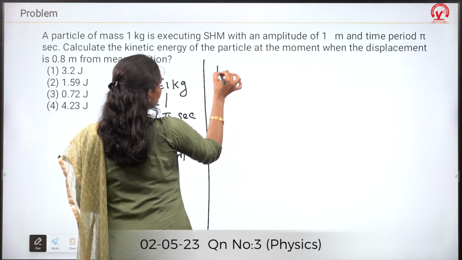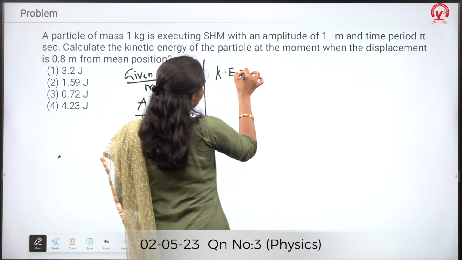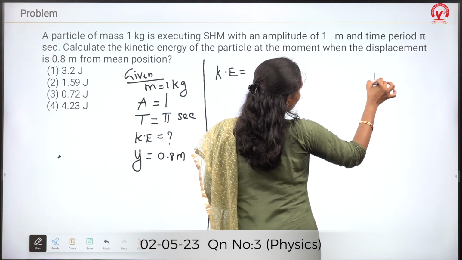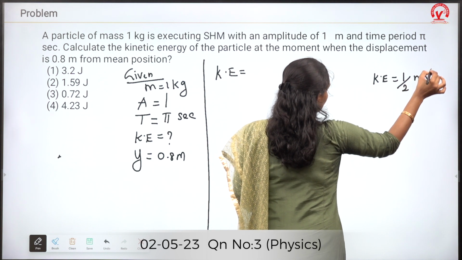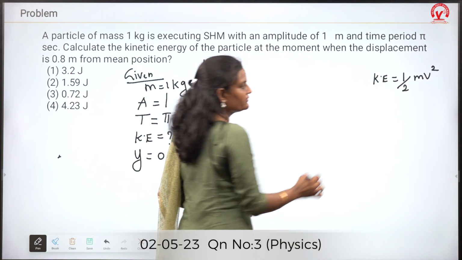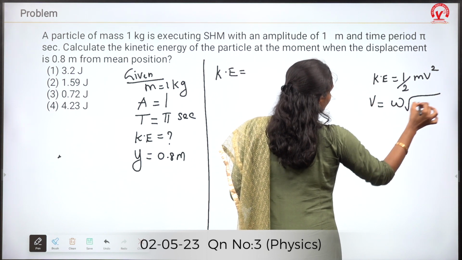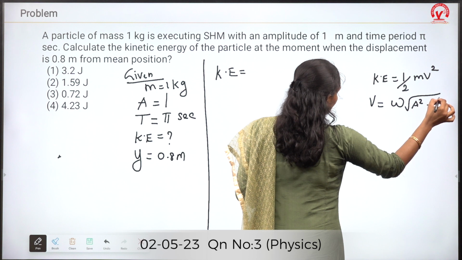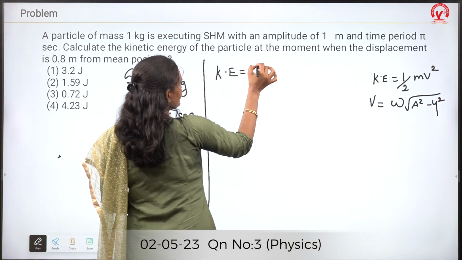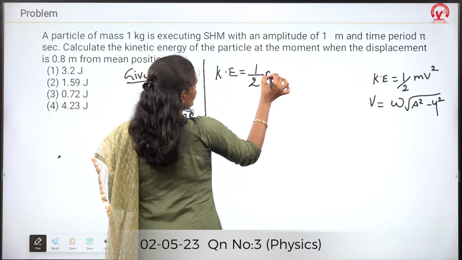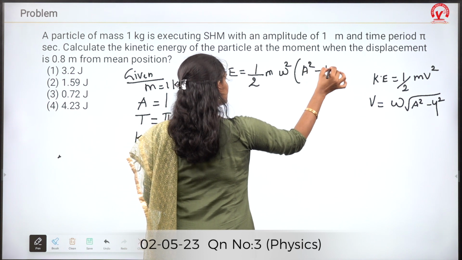Now our aim is to find the kinetic energy of the particle at that moment. We know that the kinetic energy is equal to half m v square. In simple harmonic motion we write the velocity as omega root of a square minus y square. Now substitute these values here. The kinetic energy becomes 1 by 2 m omega square (a square minus y square).